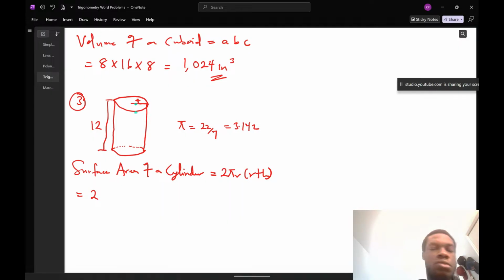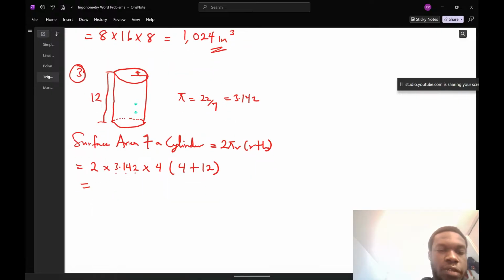So that will be 2 times 3.142 times the radius, which is 4, into r plus h, that is 4 plus 12.